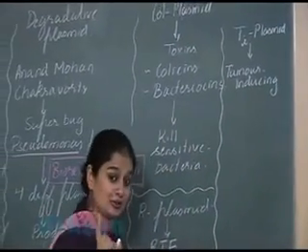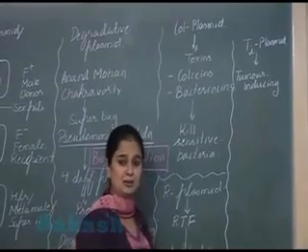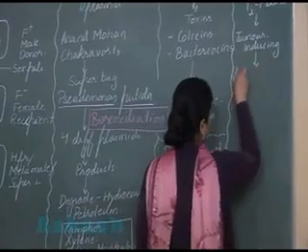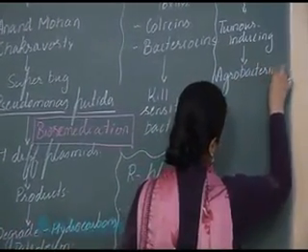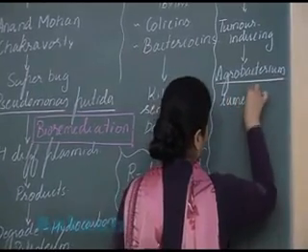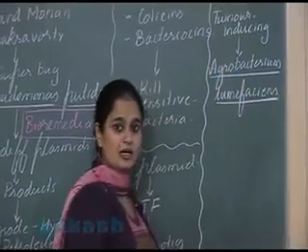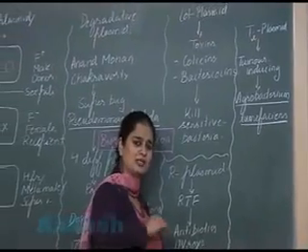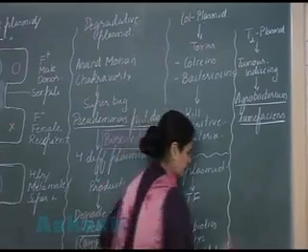This tumor inducing plasmid is present in the bacteria Agrobacterium tumefaciens. Yes. Now this bacterium, Agrobacterium, is very common in soil. It is very common in the soil ecosystem.